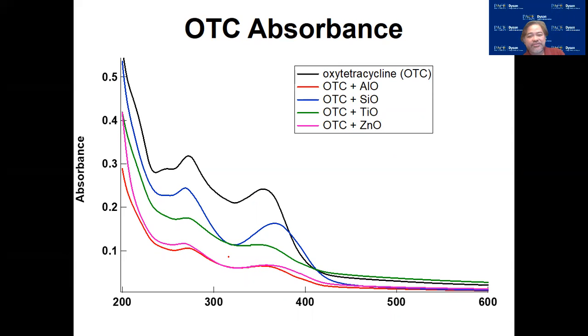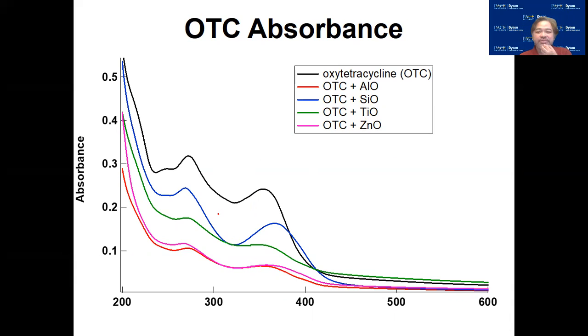Now, when we try it with the oxytetracycline, this is what we have. Again, there's a reduction in the absorbance when we mix it with the nanomaterials, and that reduction is dependent on the nanomaterial that we use. In addition to the reduction in the absorbance, there's also a shift in the peak.